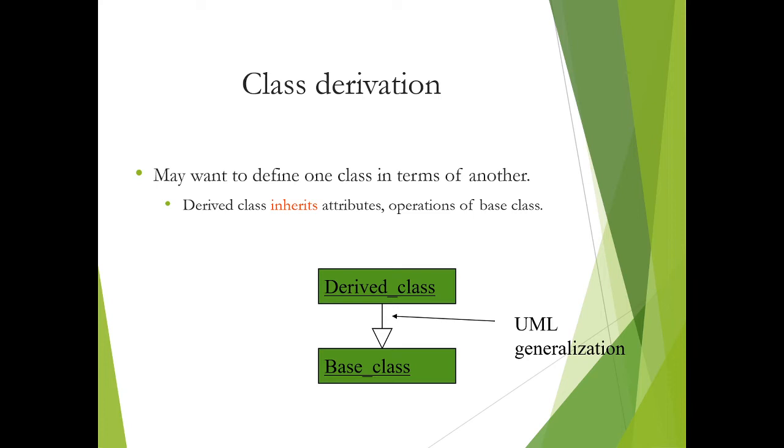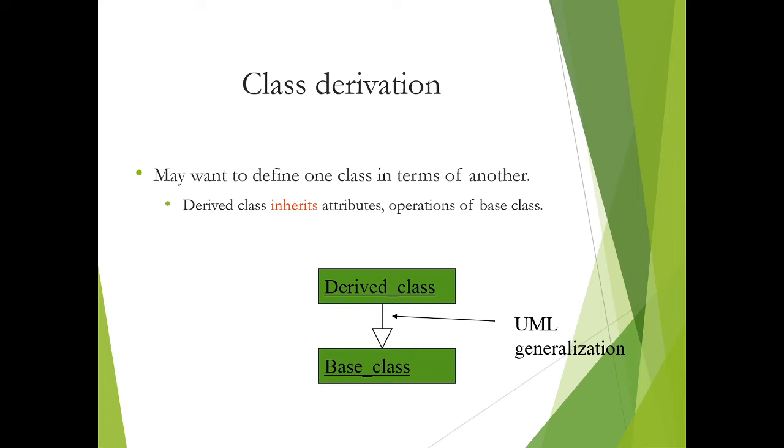UML has many different arrows; this arrowhead is triangular and open, which means the derived class inherits from the base class. So the derived class includes everything from the base class and it adds some new things.